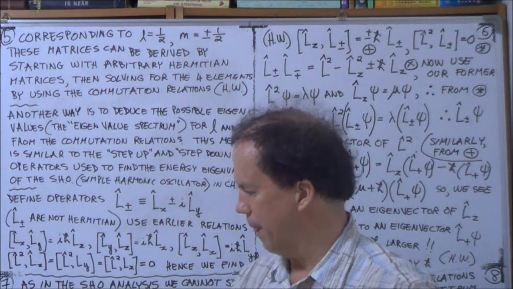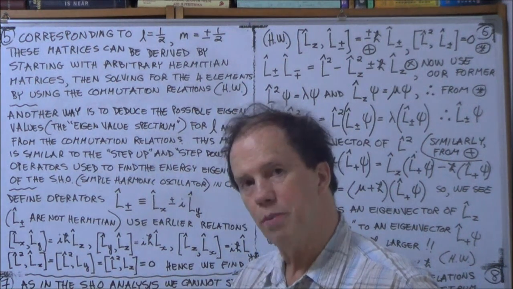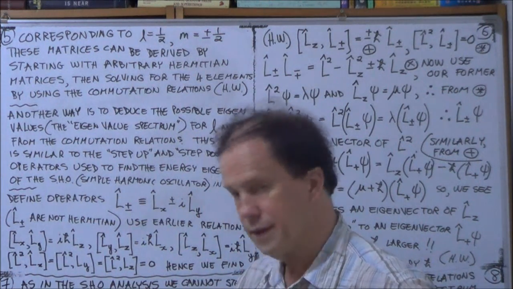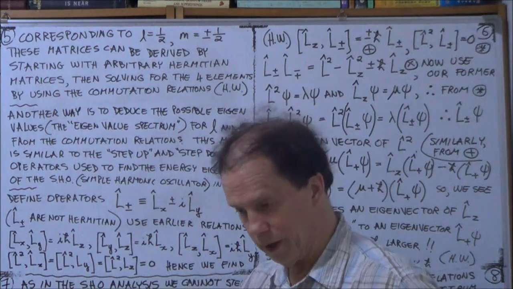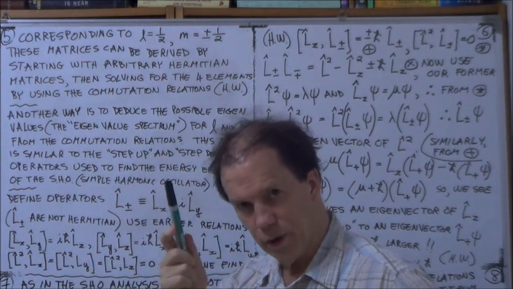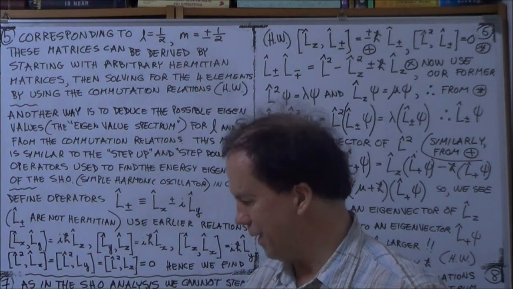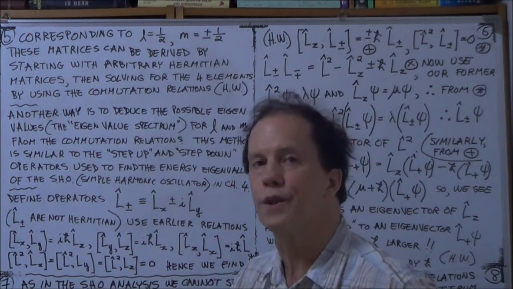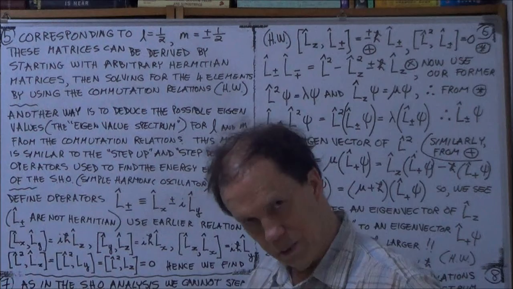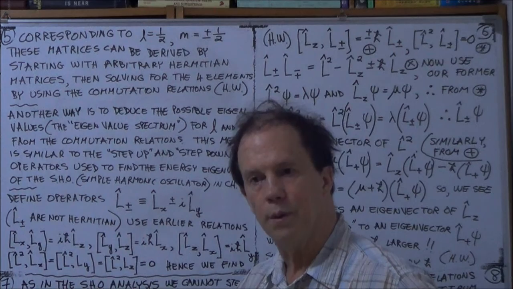In the previous session, the 2 by 2 matrix representation for the L squared operator was 3 h bar squared over 4, so 3/4 of h bar squared, times a diagonal matrix, 1, 1 down the diagonal and the two cross-diagonal elements 0, 0.